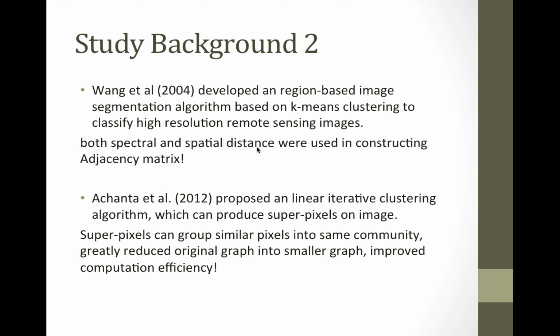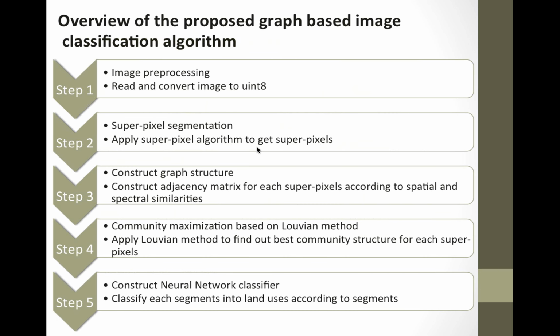Those superpixels can group similar pixels into the same community. But more importantly, this approach can greatly reduce the computational burden and improve the computation efficiency. So this is the overview of my study.